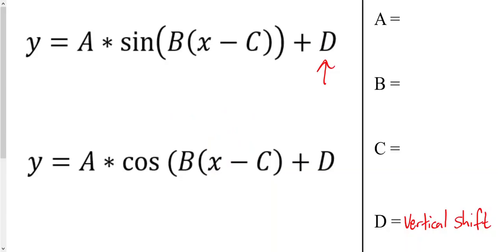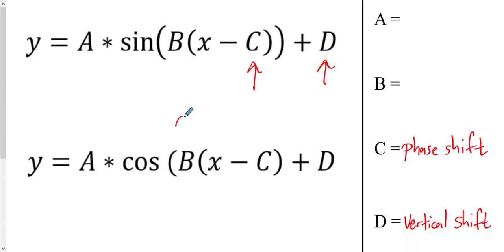All right? And there are 3 more things that we're going to look at, only one of them in detail for this video, and the other 2 will be for the following video. But we're also going to look at this value of c. And much like that d shifted us vertically, up and down, this c is actually going to shift us left to right. And we're going to call this a phase shift.